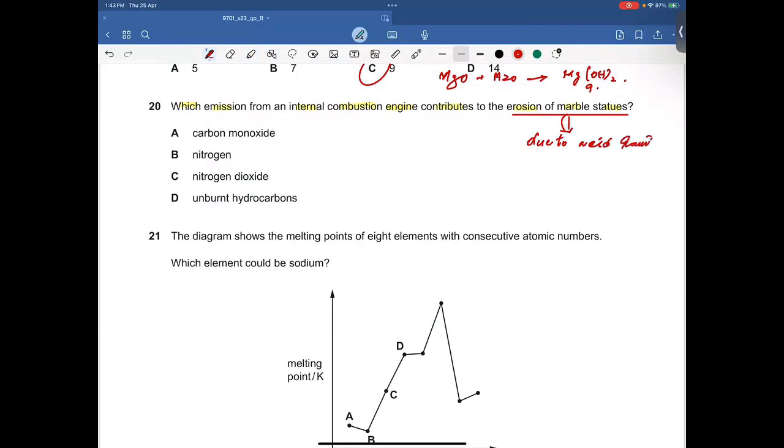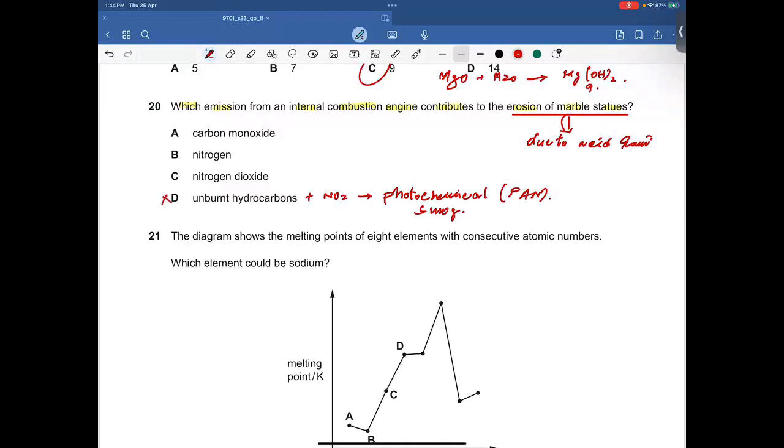Well, unburnt hydrocarbon, when reacted with nitrogen dioxide, will turn to photochemical smog, and photochemical smog is also called PAN, which never contributes to acid rain. So D is incorrect.